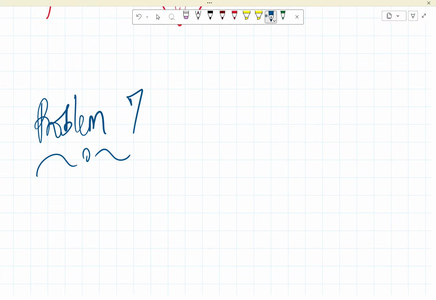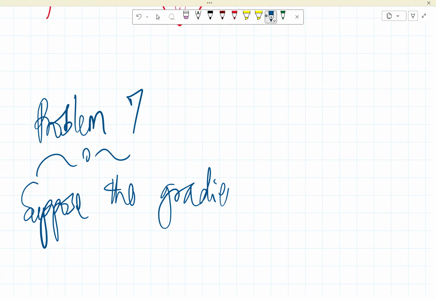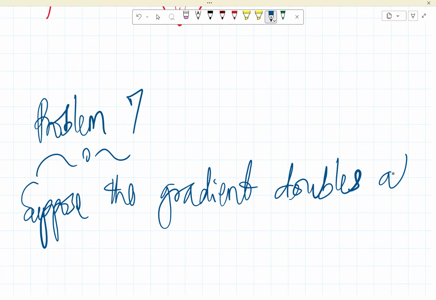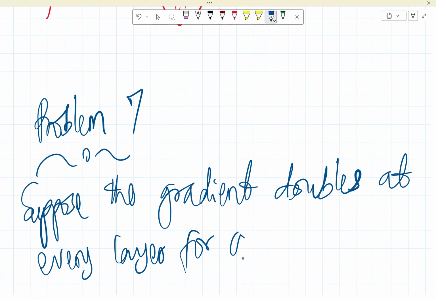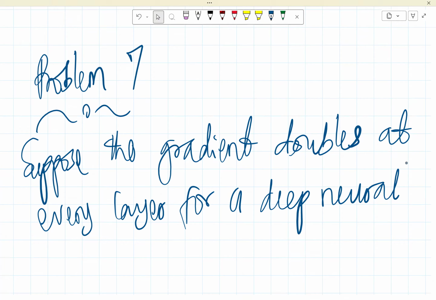Problem 7 says, suppose the gradient doubles at every layer of a deep neural network.